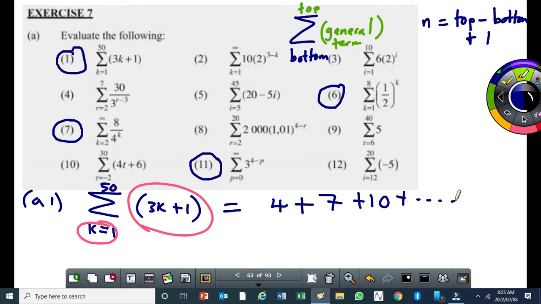Then from these 3 terms, I'm going to determine the common difference. 7 minus 4 is a 3. 10 minus 7 is a 3. So I now know that my first term is 4, my common difference is 3. Therefore, I can use the formula for the sum of an arithmetic series.